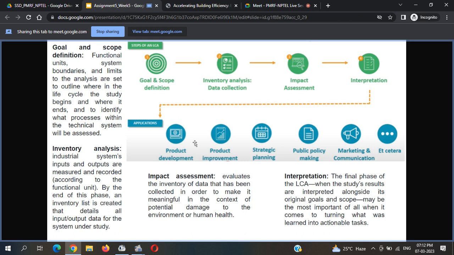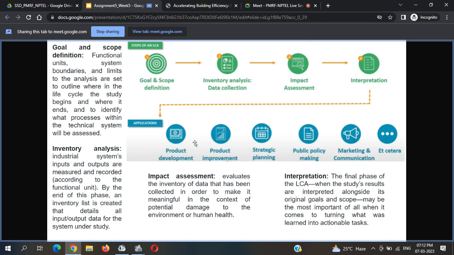Maybe your goal is that you want to create a biodegradable product which will degrade on its own, or you want to create a compostable product. So from the impact assessment, you can interpret the results, how you can create the end product which you want.